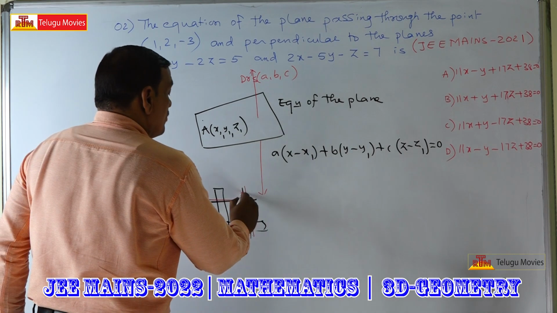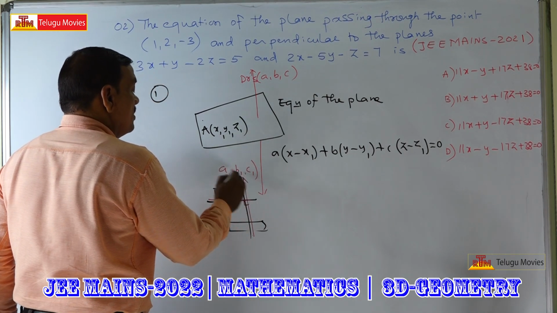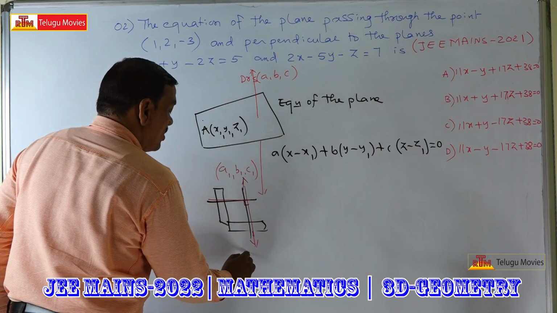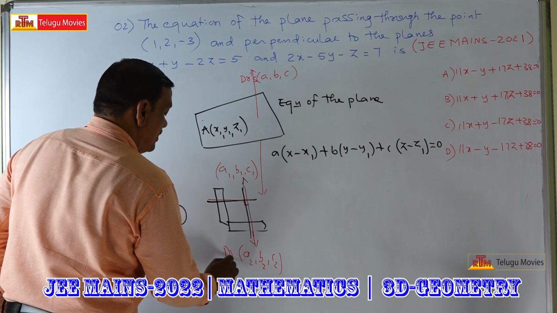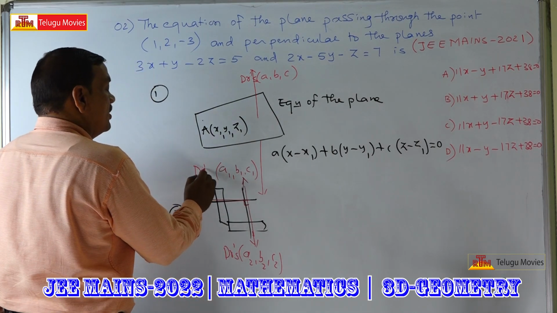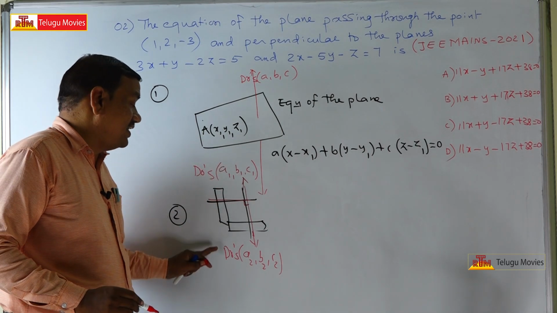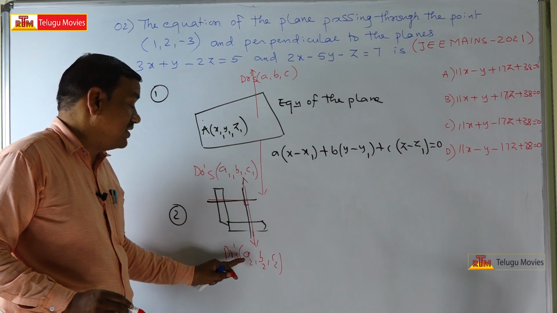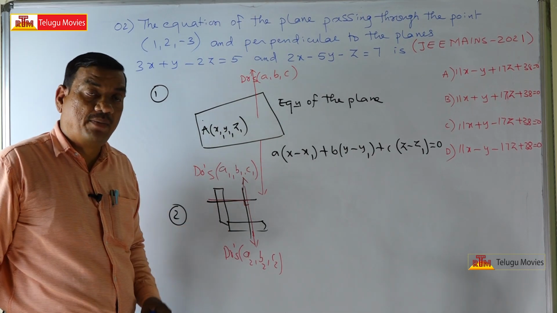If the direction ratios of the first normal are a1, b1, c1, and the DRs of the second normal to the plane are a2, b2, c2, and these two planes are perpendicular.